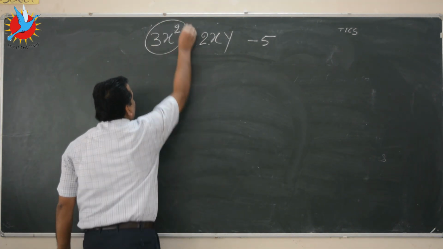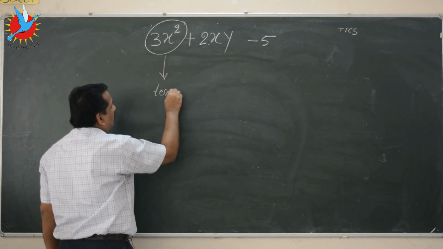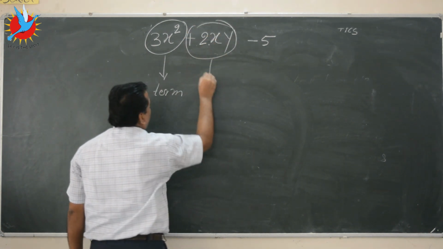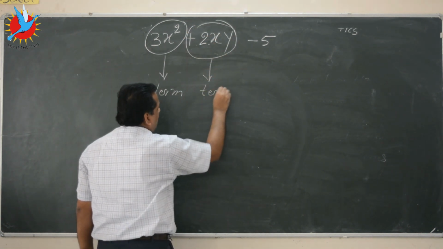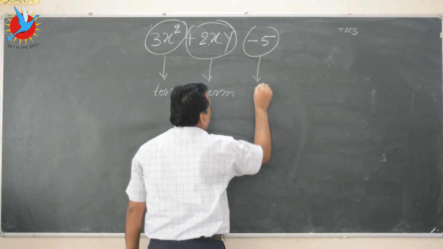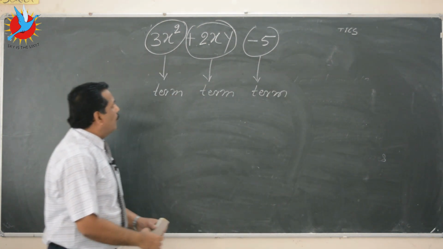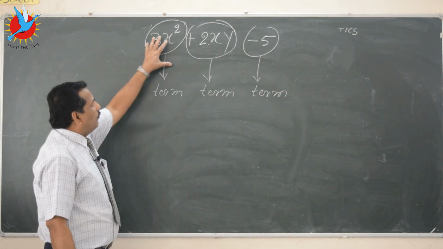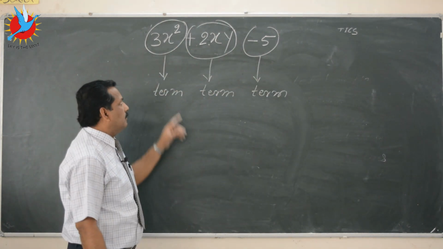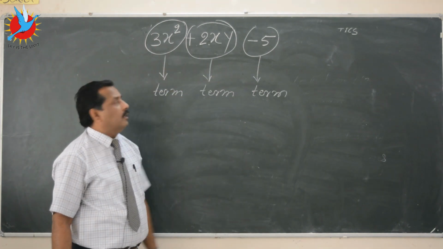So I am encircling, and this is a term. This is another term, and this is another term. So we have got 1, 2 and 3 terms. So we talk like this, that this algebraic expression has 3 terms.